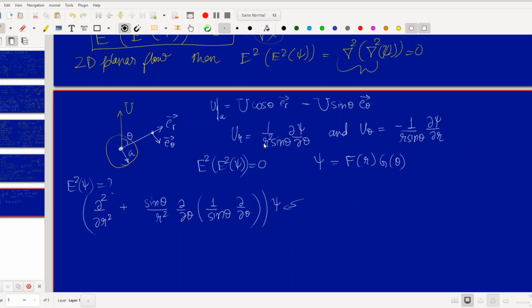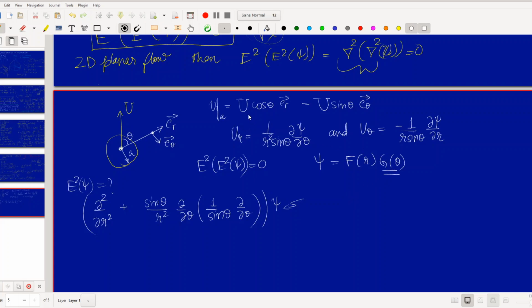From the boundary conditions, we can estimate what the form of g of theta will be. This is usually how you get an idea of what g of theta will be for simple problems. For very complicated problems, you have to actually solve for g also. In this particular problem, we will be able to estimate the form of g theta.